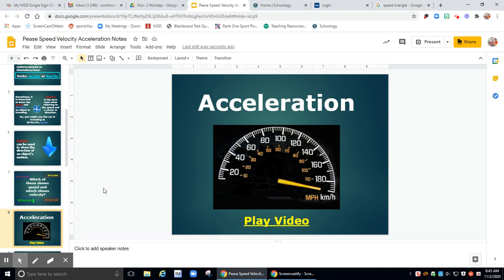Now, again, here you see this speedometer that's normally on a car. And I do want you to notice that this is not a speedometer that we would see in the United States. The reason for that is if you look at the big numbers here in white, that is measuring speed in kilometers per hour.